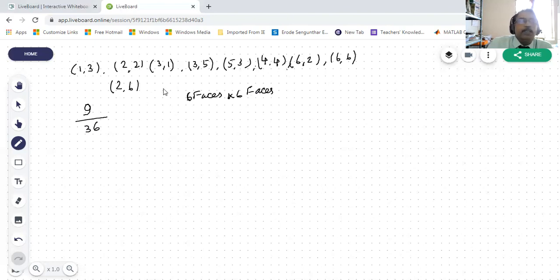Since you are engineering students, you don't worry about (1,3) and (3,1) being the same. The first die is different from the second die, and the outcome (1,3) is different from (3,1). So that is 1 by 4, giving 0.25, which is the answer up to 2 decimal places.